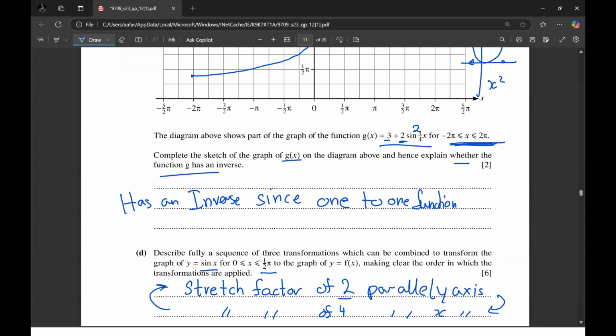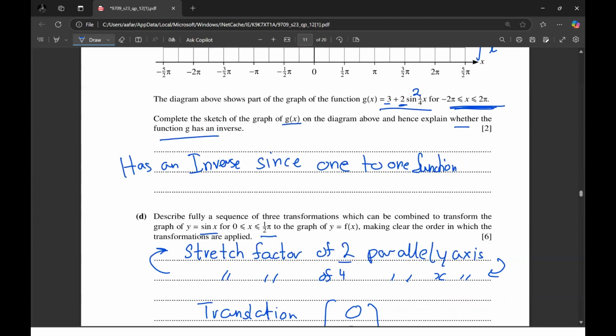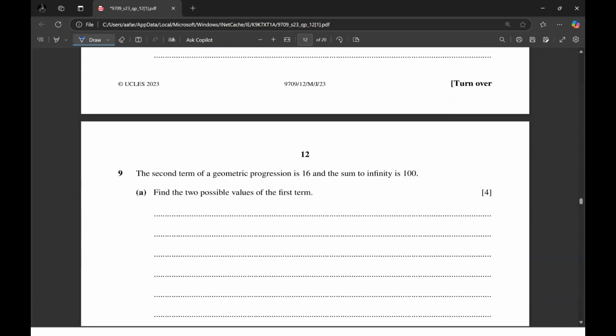It will be the same, it doesn't make a difference. But in the mark scheme it has the stretch in x first, so I think it's preferable to write the x before the y. Okay.